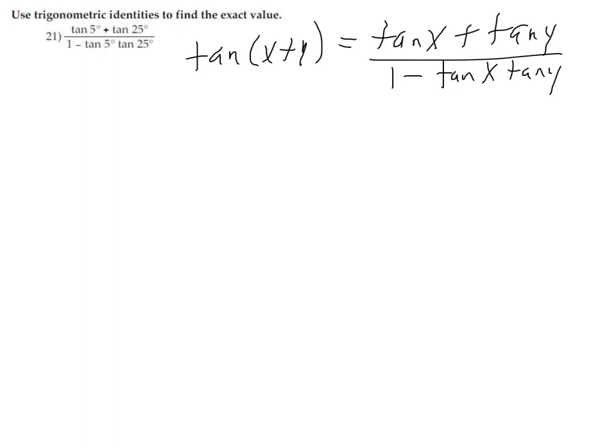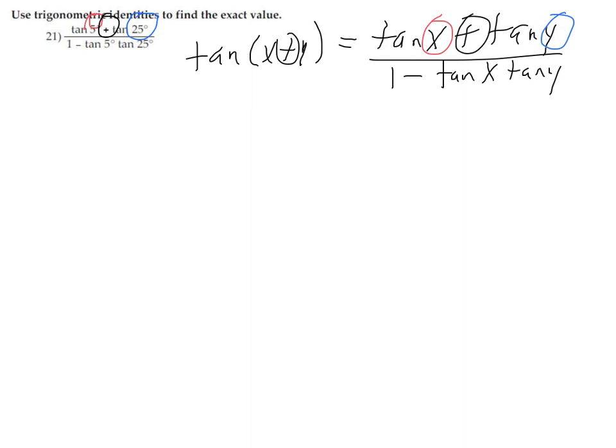So this is almost exactly what we have. So recognize that the 5 degrees is x, 25 degrees is y, and the sign matches up with the plus.